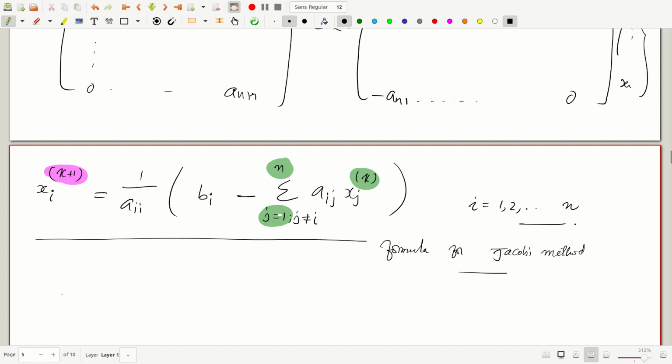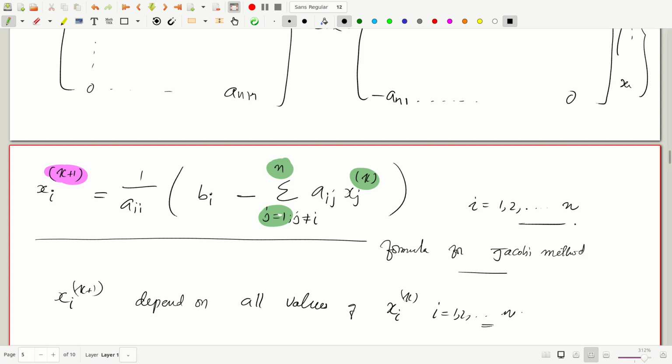That means the values x_i^(k+1) depend on all values of x^(k), where i goes from 1, 2, 3 all the way to n.